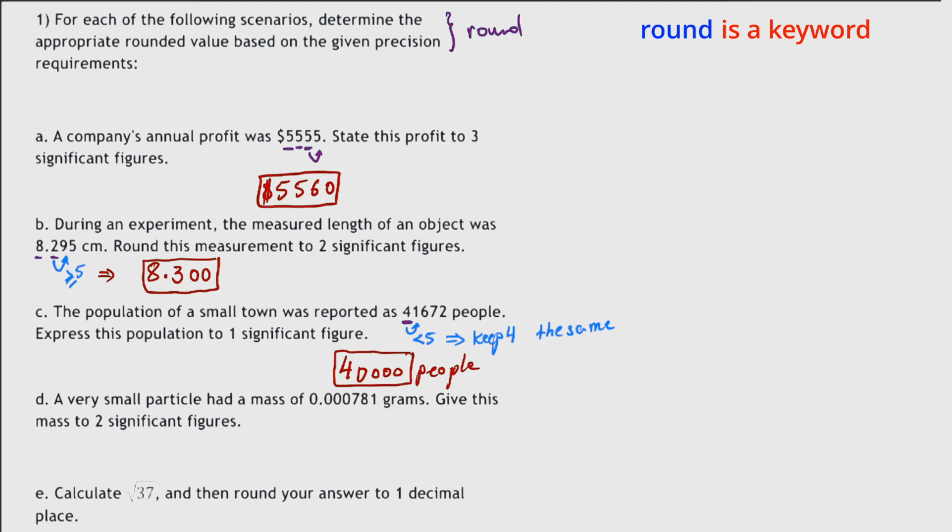Part D now. A very small particle had a mass of 0.000781 grams. Give this mass to two significant figures. Two significant figures again starts from the first non-zero digit on the left side. So we have 7, 8. Now we're going to look at the next digit, which is 1, smaller than 5.